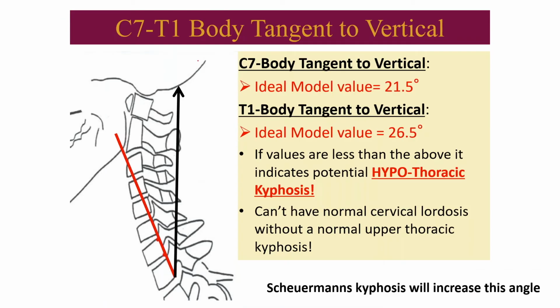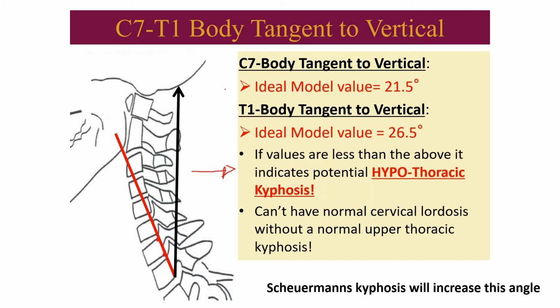So here's that C7 T1 tangent to vertical. If I could not see T1 or the manubrium sternum, this would be another indication of hyperkyphosis, but it's not necessarily an indication of curve correction. This tells me how much kyphosis the patient has. So we would use T1 if we can see it.